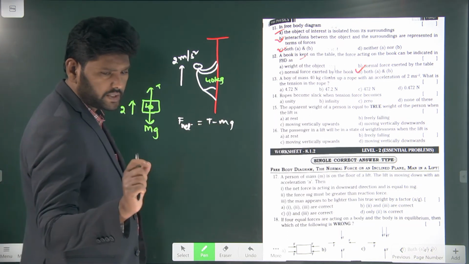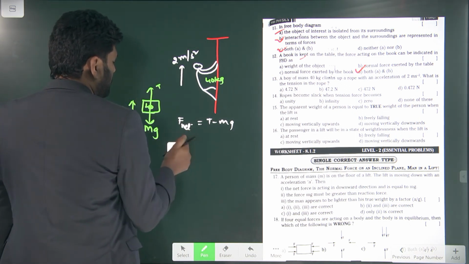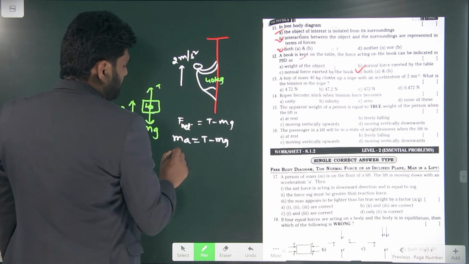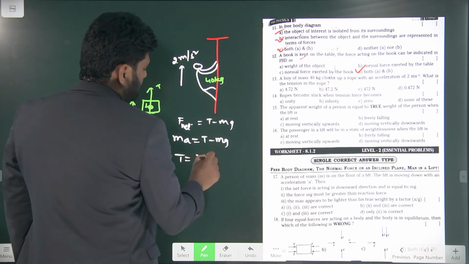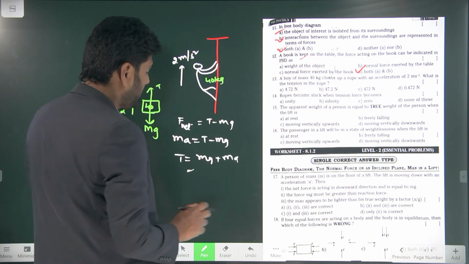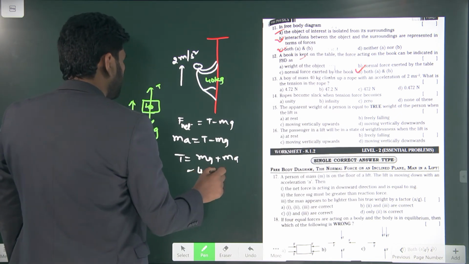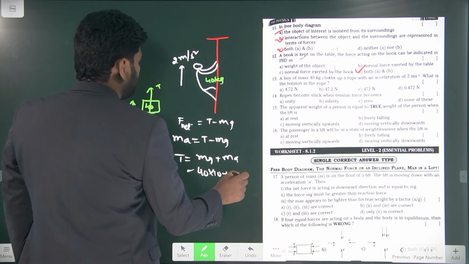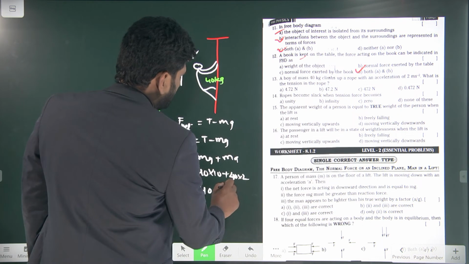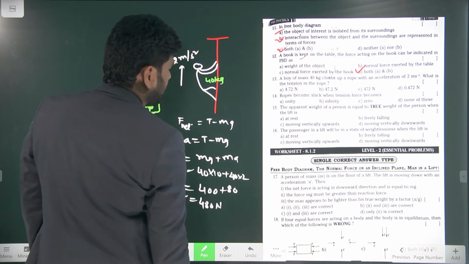According to Newton's second law, net force is mass into acceleration, so T minus mg equals ma. From here, tension is equal to mg plus ma. Here mg is nothing but the weight of the body. So 40 into 10 plus 40 into 2, that is 400 plus 80, totally 480 Newton is the tension force.